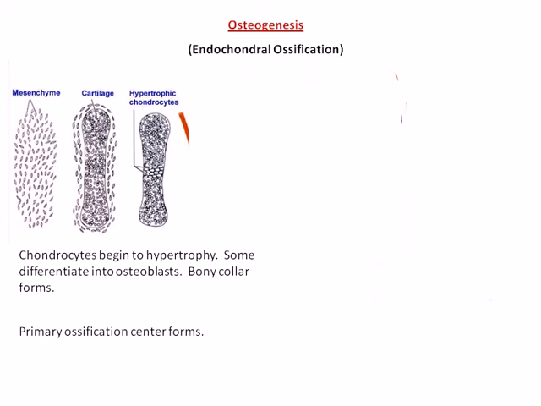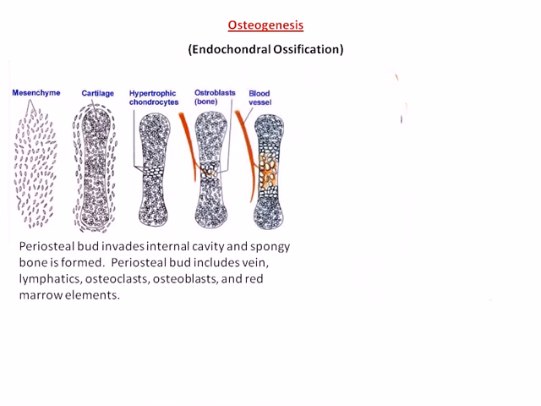In the 3rd month of development, the forming cavities are invaded by a collection of elements called the periosteal bud. The bud contains a nutrient artery, veins and lymphatics, nerve fibers, red marrow elements, osteoblasts, and osteoclasts. The entering osteoblasts secrete osteoid around the remaining fragments of the hyaline cartilage, forming bone-covered cartilage trabeculae, the earliest form of spongy bone in a developing long bone.